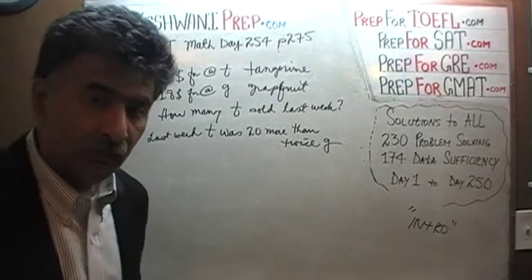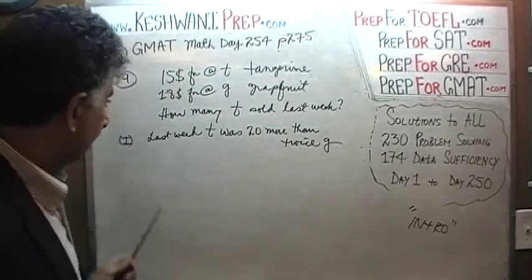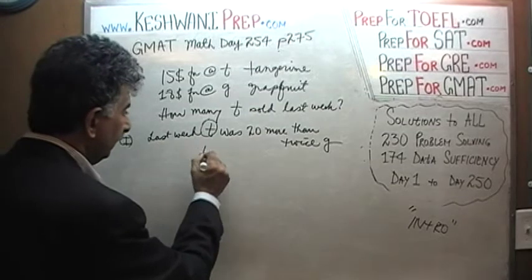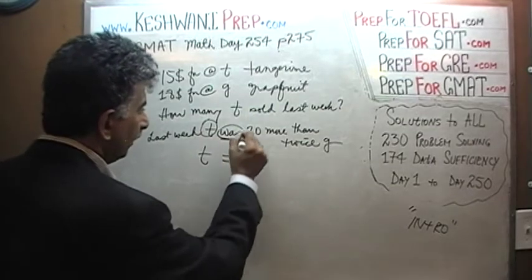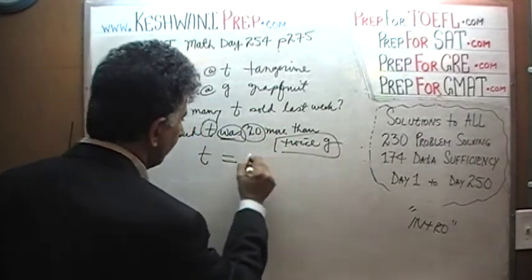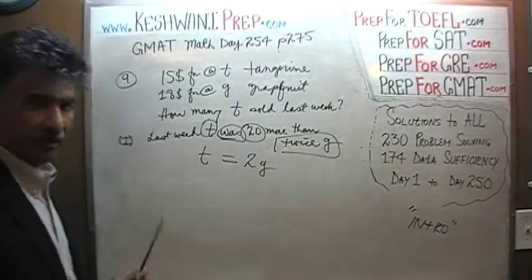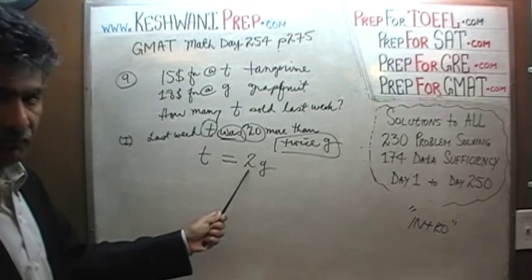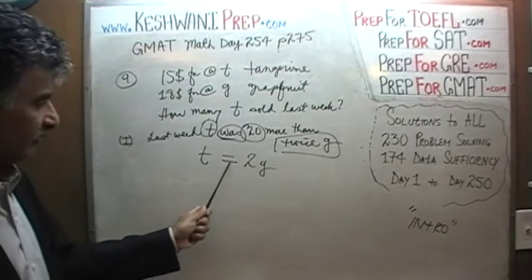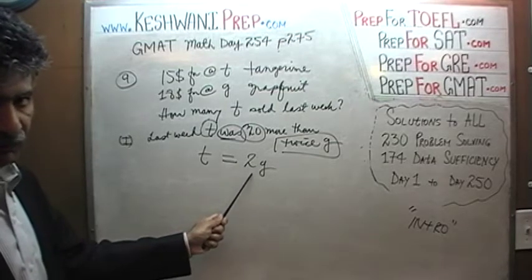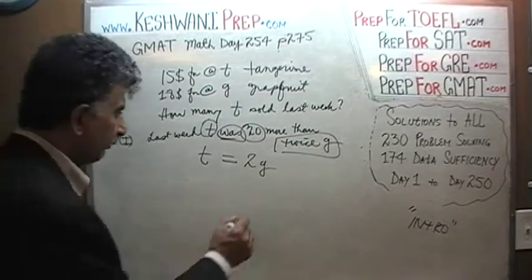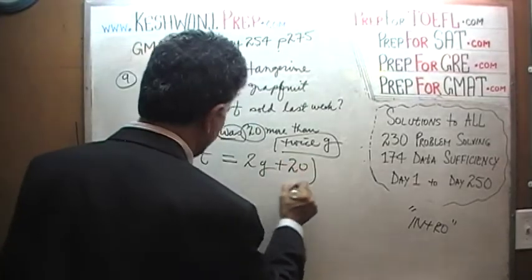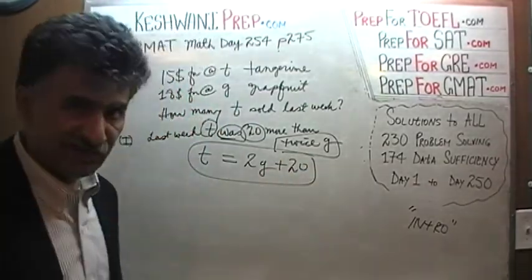How do we get an equation out of it? Well, it's very simple. T equals 20 more than twice G. So here's the twice G. The number of tangerines sold was not twice the number of grapefruit sold, but rather it was 20 more than that. Here's our equation. The question is, is this enough?